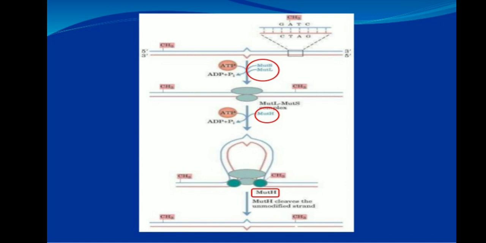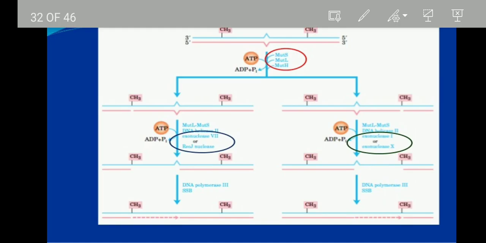The apurinic site, that is the AP site, is recognized by the endonuclease, so that will be corrected, and the DNA polymerase synthesizes the new DNA and ligase will seal the nick. Such mutations get corrected by the enzyme mutase, as well as DNA polymerase I and different other enzymes.